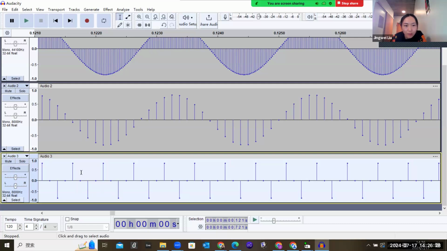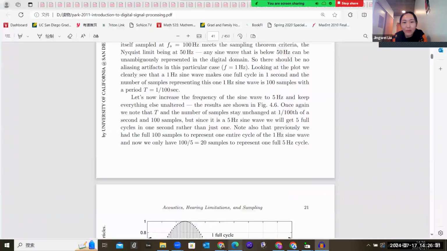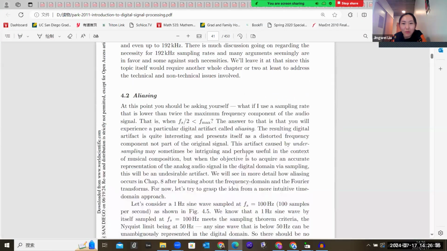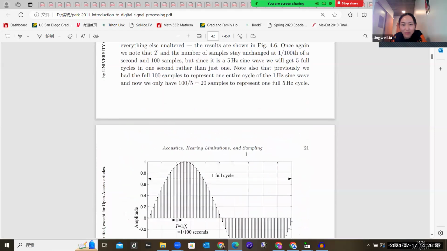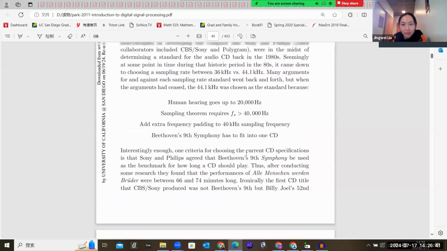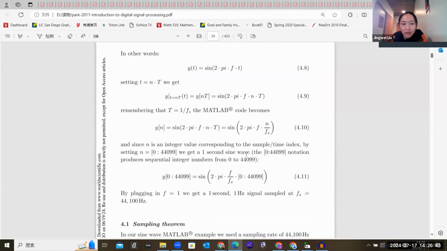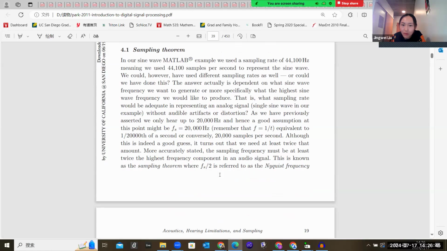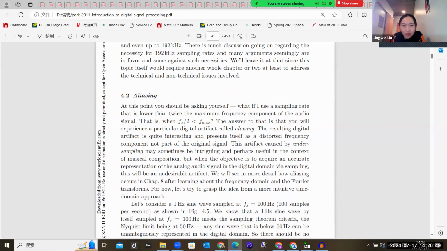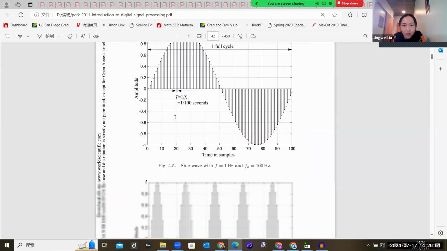I don't know if it's clear, but we should probably talk more about the theory before talking about those. Let me skip this sampling theory for now, because we will watch a video that talks about this. So let's continue with the graph.